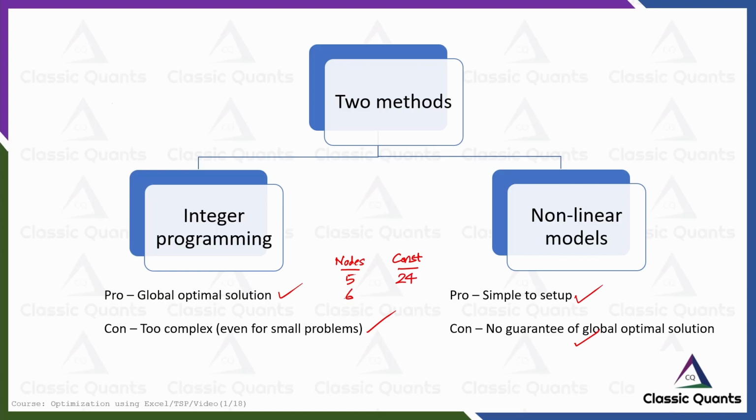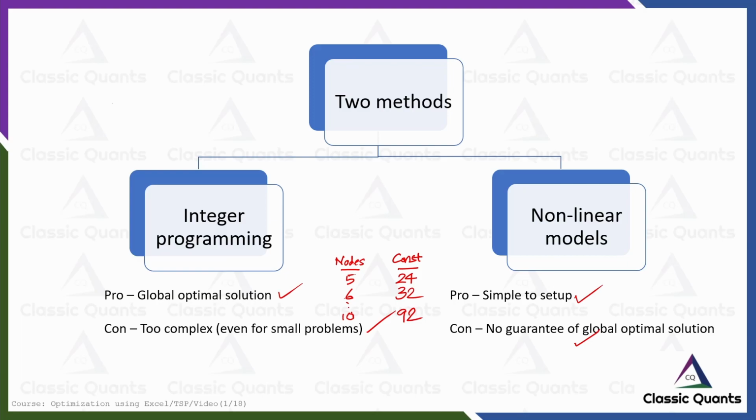If you have 6 nodes, then you will have 32 constraints. And in this way, if you have 10 nodes, you will have to write 92 constraints. In an actual network, 10 nodes is like nothing.